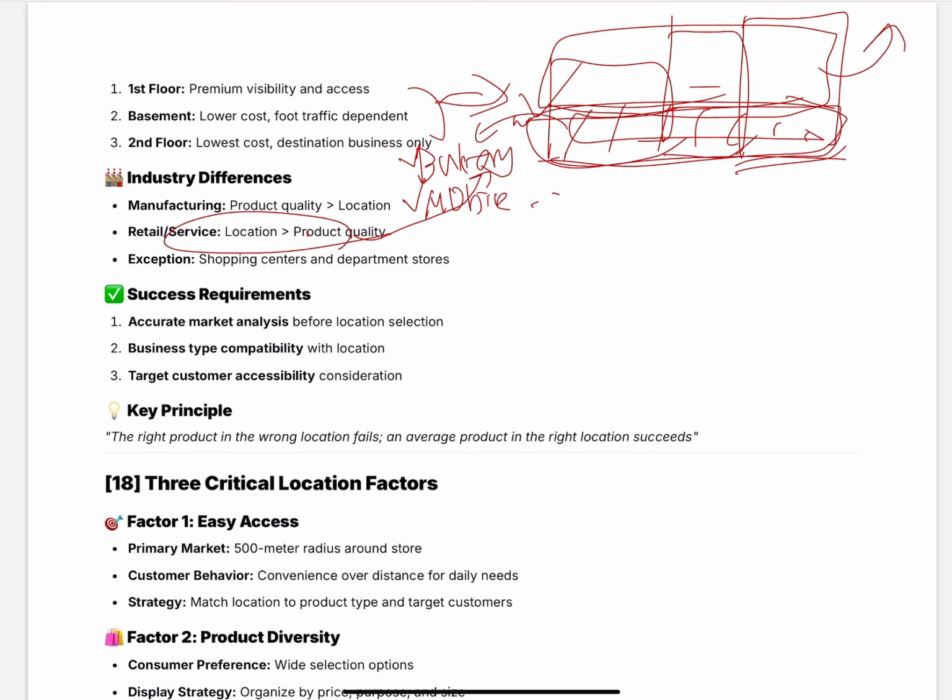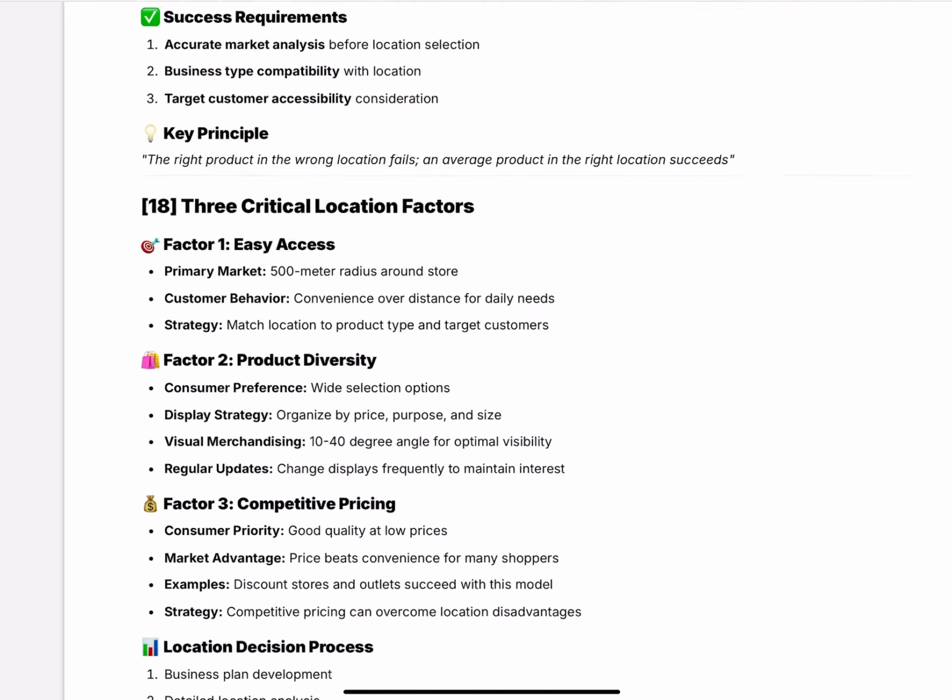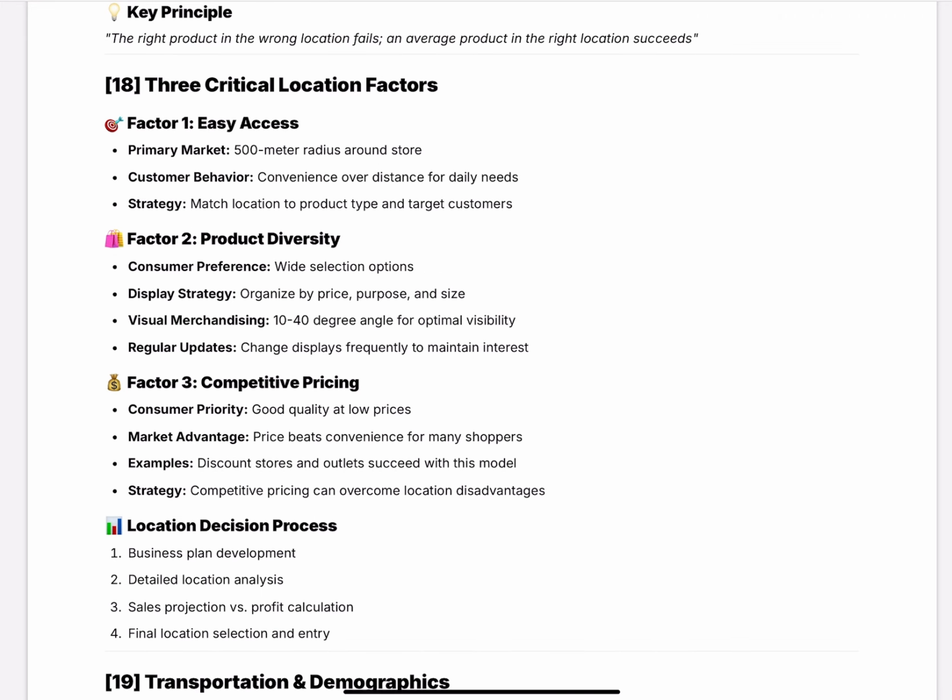So let me share the three factors that research shows matter most in location selection. Factor one is easy access. Your primary market is typically a 500-meter radius around your store. Think about your own shopping behavior.